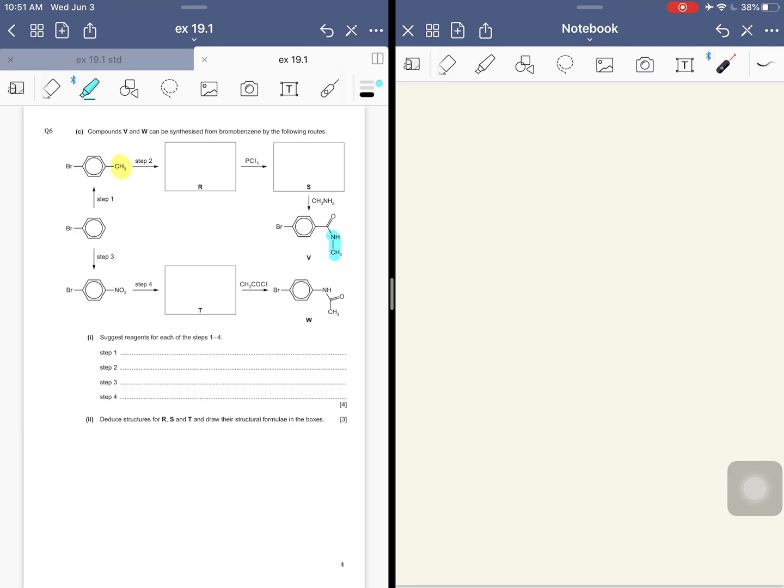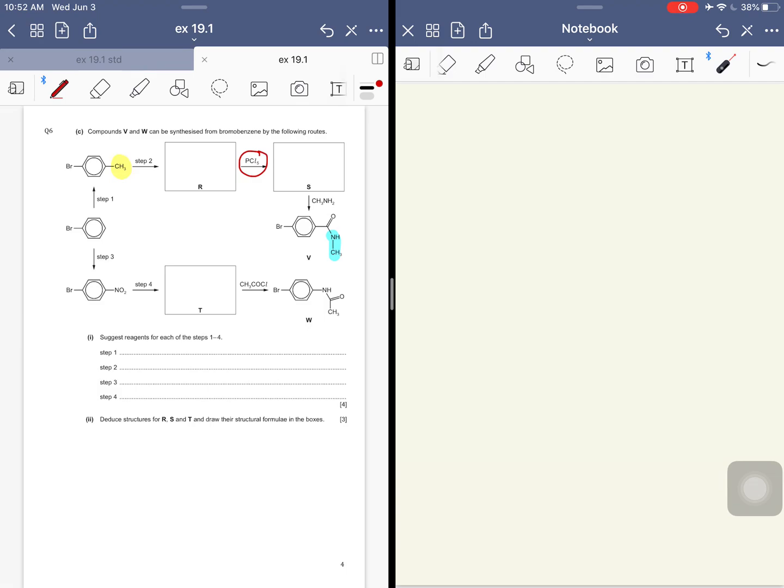Another thing that you need to take into account is PCl5. Usually we use PCl5 to attach chlorine to something.